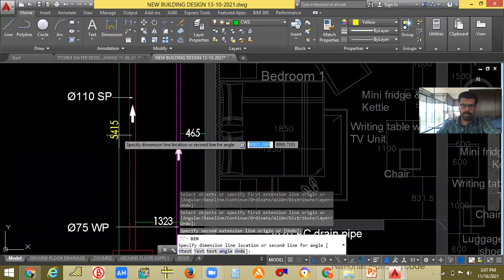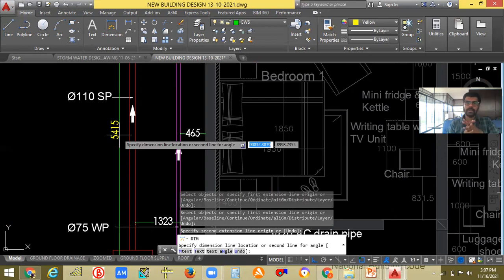So if it is 5.415 meters, you have to divide it by 60. This is the way that you will be finding out the slope. The slope will be normal only, 1 is to 60 or 1 is to 80.